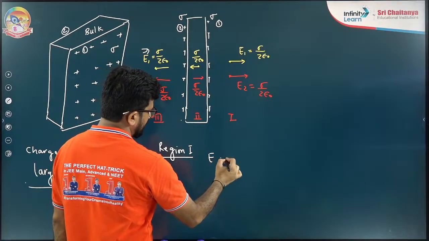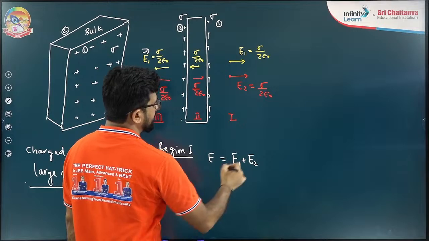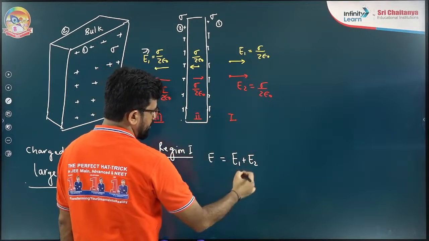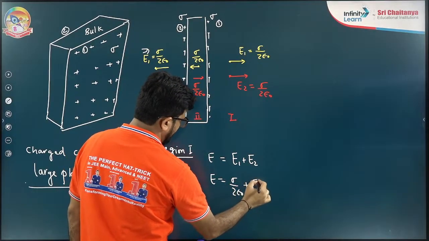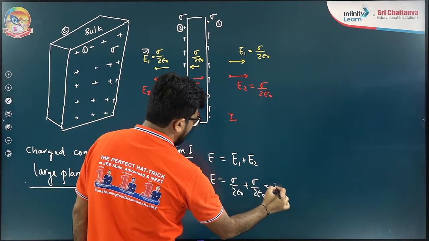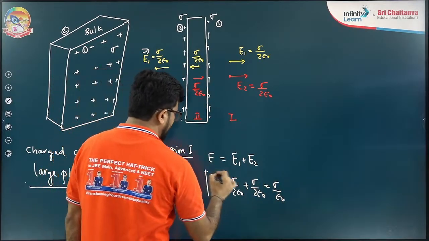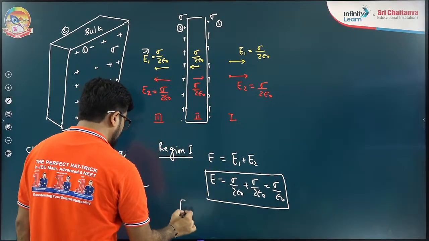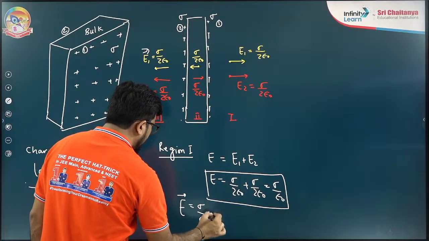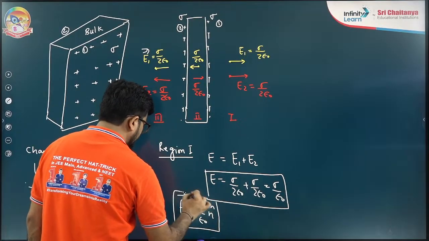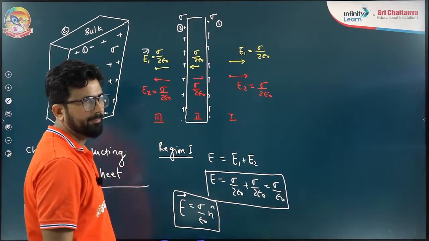The net field is E equals E1 plus E2, that is sigma by 2 epsilon naught plus sigma by 2 epsilon naught, which becomes sigma by epsilon naught, radially outward. So we can write E equals sigma by epsilon naught n cap, for region 1.